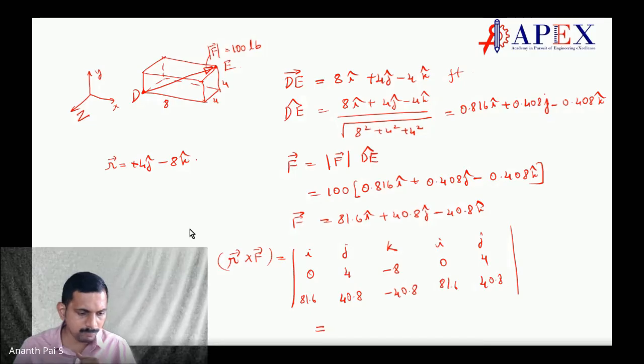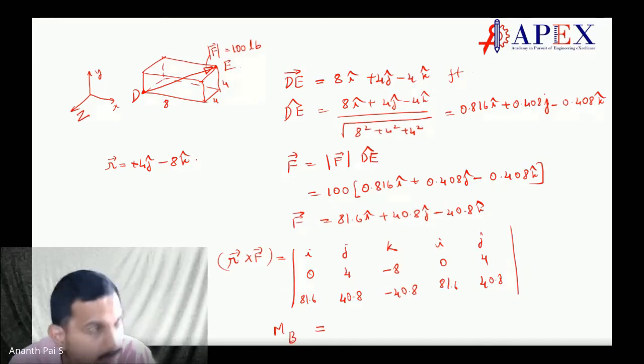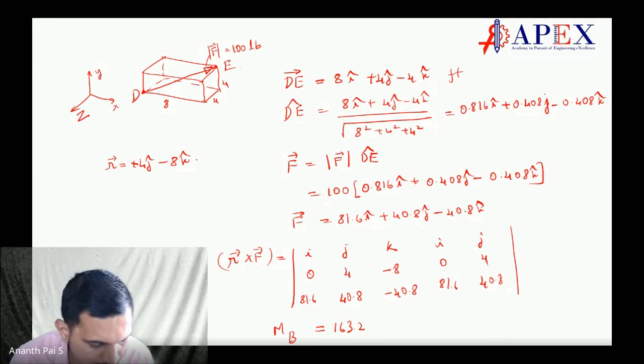Sir, I got around 489.6 i. There's a mistake. 164 i, very good. 160 minus 656 j. What is the answer? MB comes as 64 i, 163.2. This is the textbook answer.